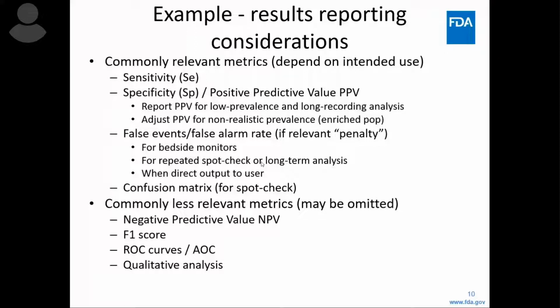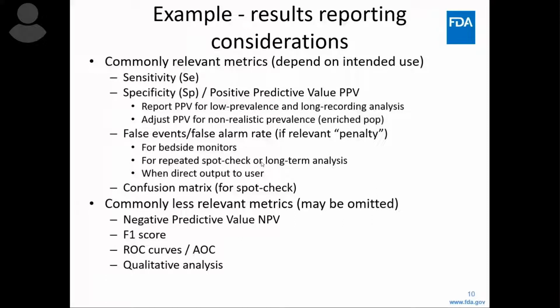F1 score is not that important in our experience. Error score is, again, not that important because usually you have a yes or no, so that's not very helpful. Also, qualitative analysis is really not that useful.